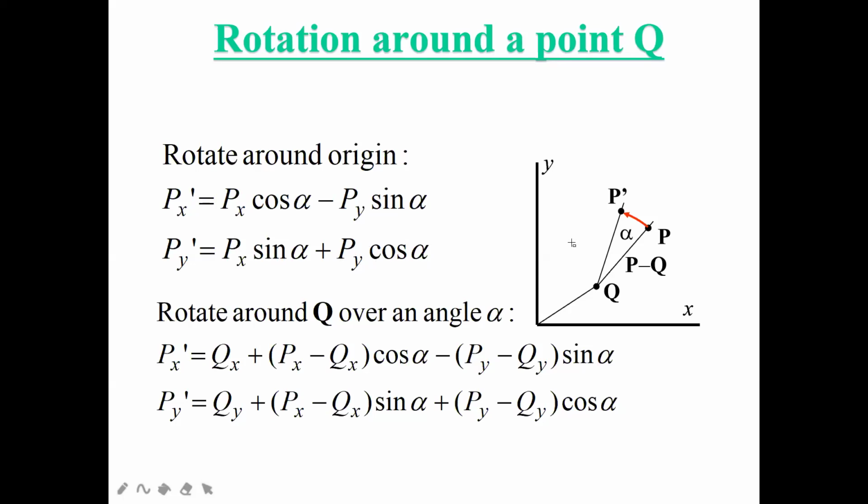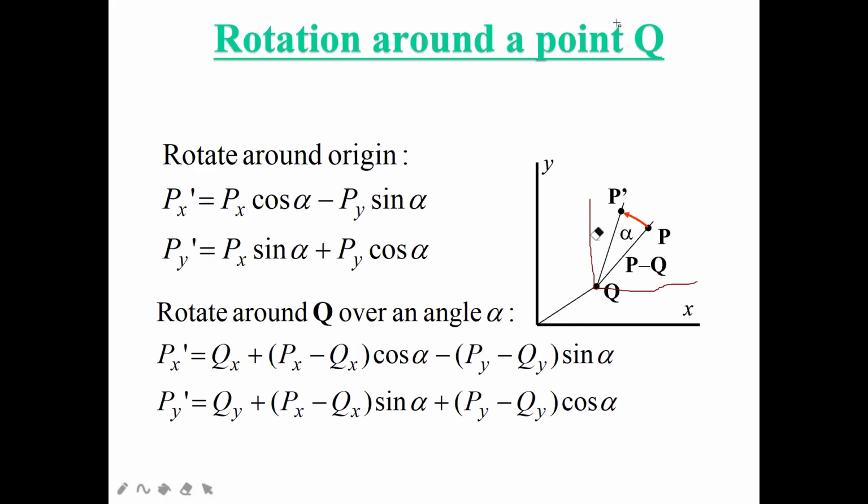This is the formula, and the angle is given as alpha. If I consider q as my origin, forget all these things, and consider that this is my x-axis and this is my y-axis, then I take the formula I have written here, because I'm rotating around the origin.